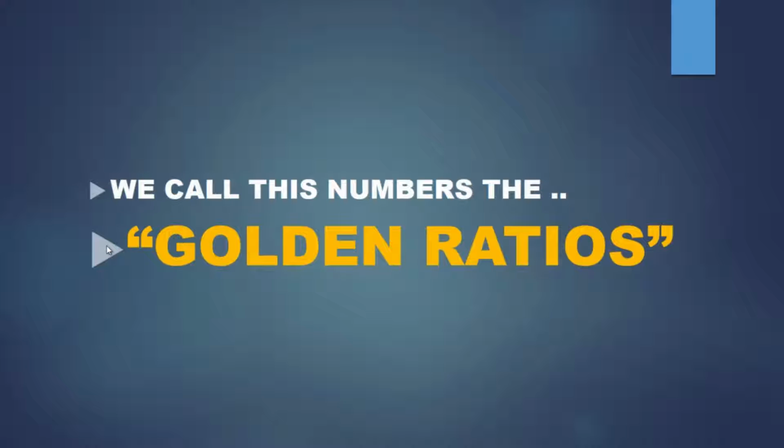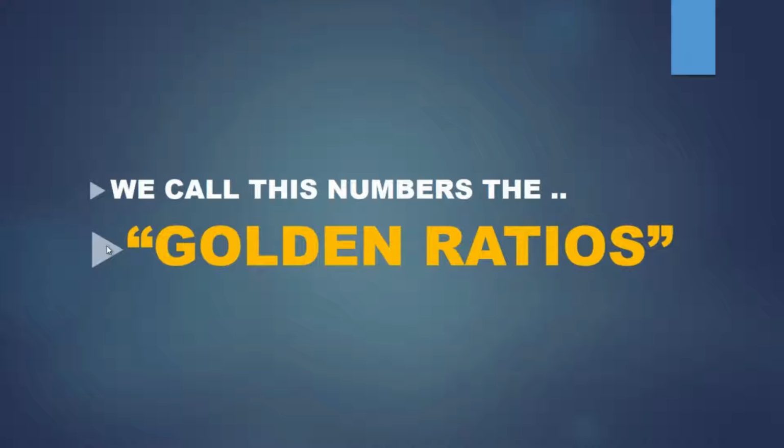If you divide 3 by 2 in the sequence, it gives you something in the range of 1.5. Just take a calculator and punch the numbers. If you divide 8 by 5, it will give you around 1.6, and if you divide 13 by 8, it will give you around 1.6 also.